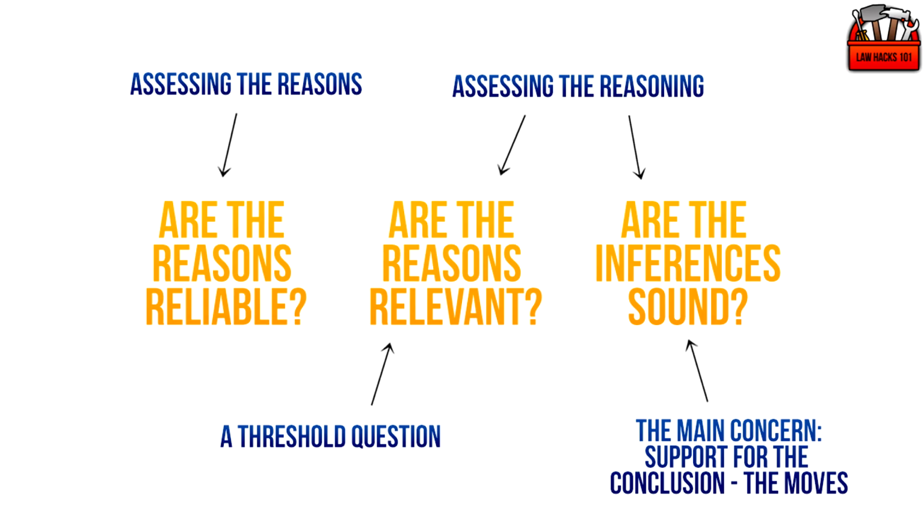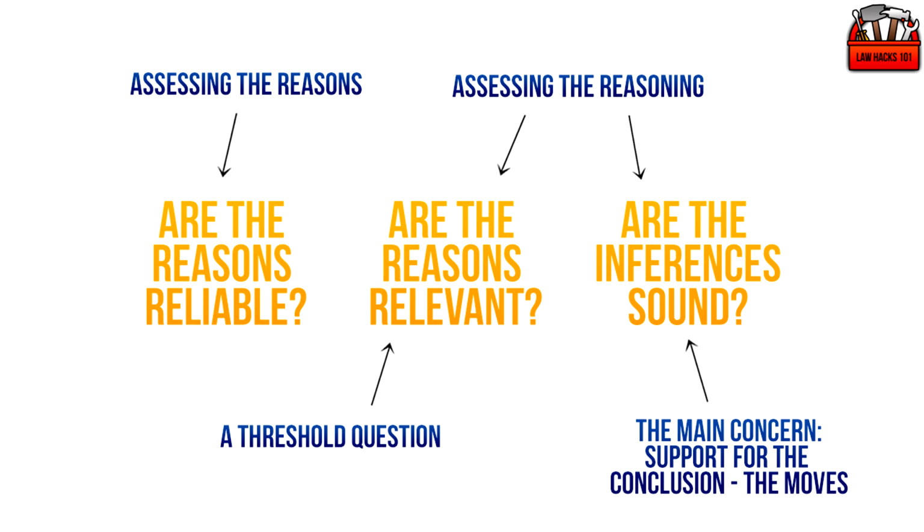That is to say, there must not be a logical flaw in the move from reason to conclusion. Luckily, the initial test for inferences helps us answer the question of whether or not the inferences are valid pretty quickly. It's also called the practical test for inferences, and it's a great little part of hacking argument.